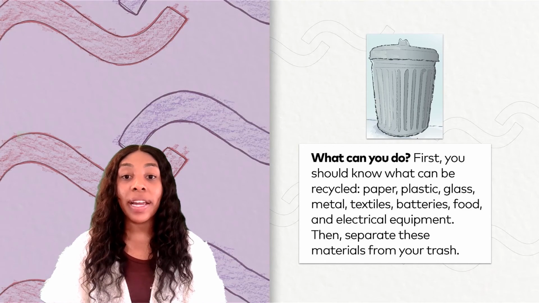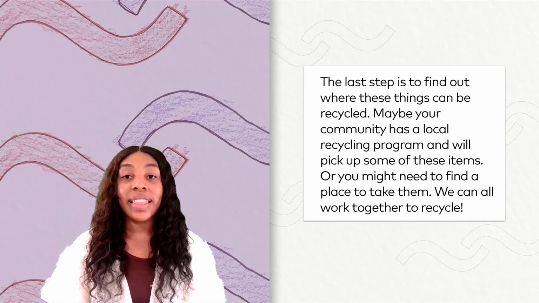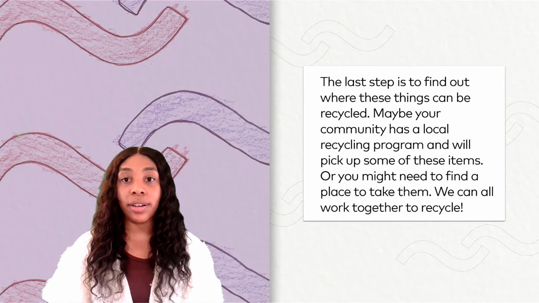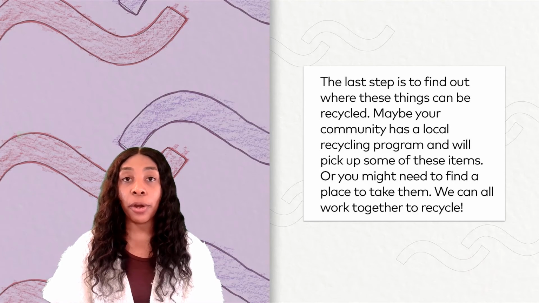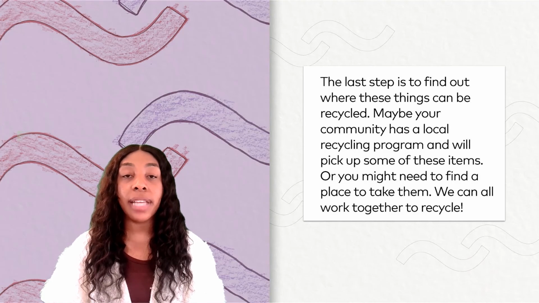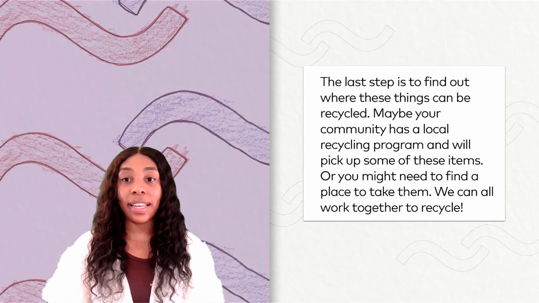Then, separate these materials from your trash. The last step is to find out where these things can be recycled. Maybe your community has a local recycling program and will pick up some of these items. Or you might need to find a place to take them. We can all work together to recycle.